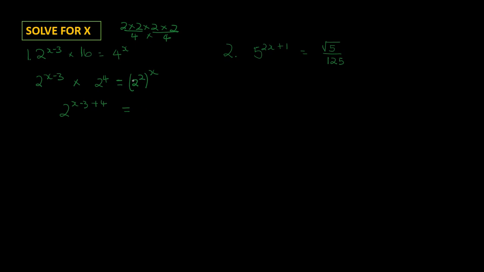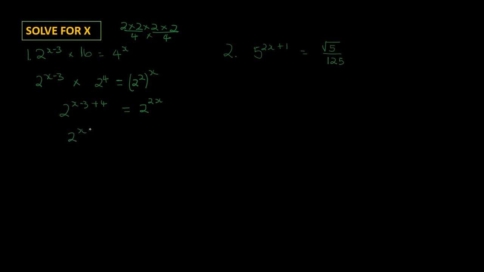Okay, what do we do with this? When you have this scenario, you know that this is 2 to the exponent 2x. So you multiply the inner exponent 2 by the outer exponent x. Now, we have something that looks interesting, but let's do the addition.